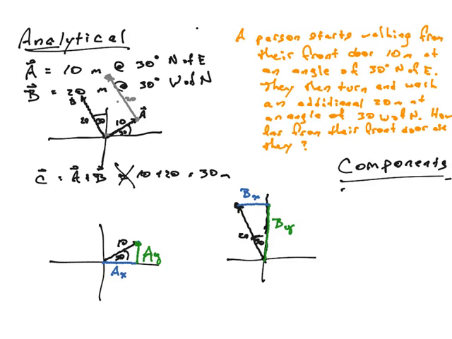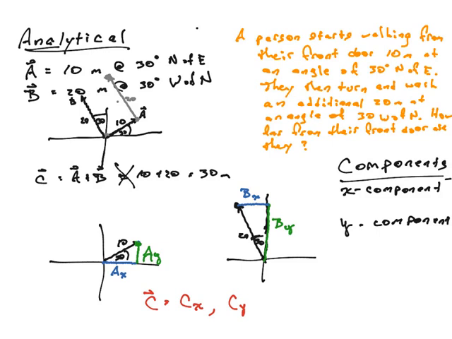So that's called the x component and the y component. And this is good because if I do that, then I can say, look, vector C, whatever vector C is, will also have an x component and a y component.